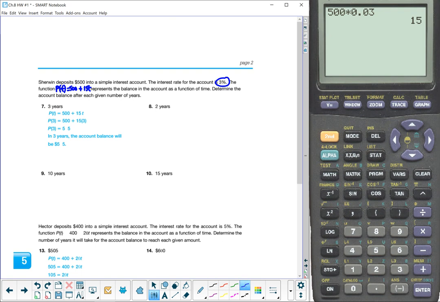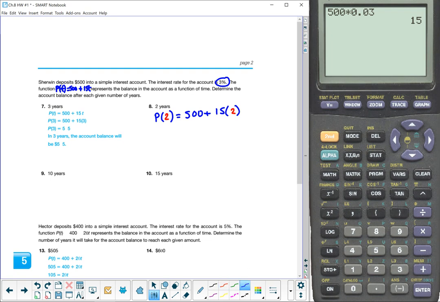So we have P of, we'll go with 2, equals 500 plus 15 times 2. That's all we're doing.